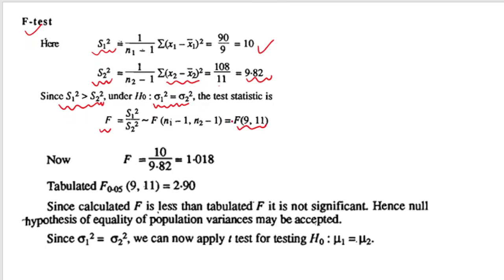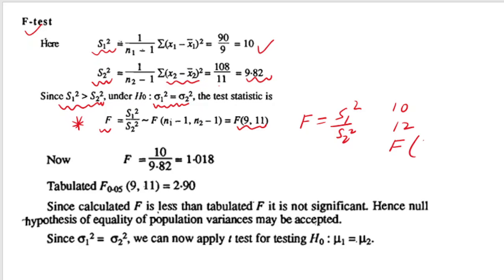And this is important, because this is a main point I want to highlight. When I am calculating F, I am writing S1² by S2². The first sample has 10 observations and the second sample has 12 observations. So which value of F do we have to use?